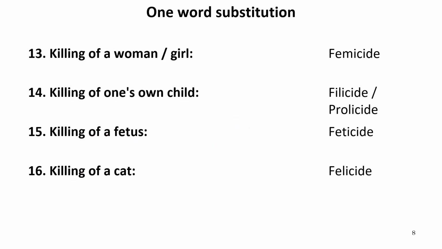Killing of a woman or girl, this is known as femicide. So for a girl or a woman, we use female, and this is known as femicide. Also, we can have a word that is gynae. So we can also use gynaecide, because for women, we use the word gynae. So gynaecide is also the same term as femicide.